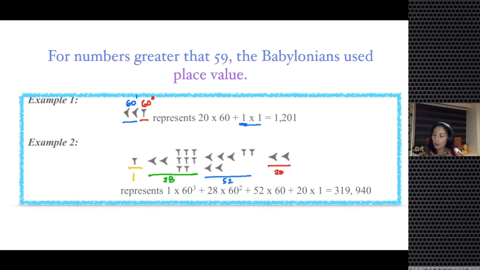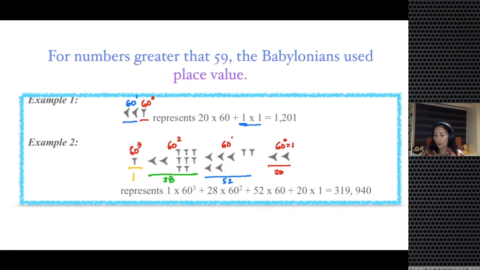So this will be multiplied by the following powers of 60. This is for 60 raised to 0, which is equal to 1. Then for 60 raised to 1. Then this is for 60 raised to 2. And then this is for 60 raised to the third power.